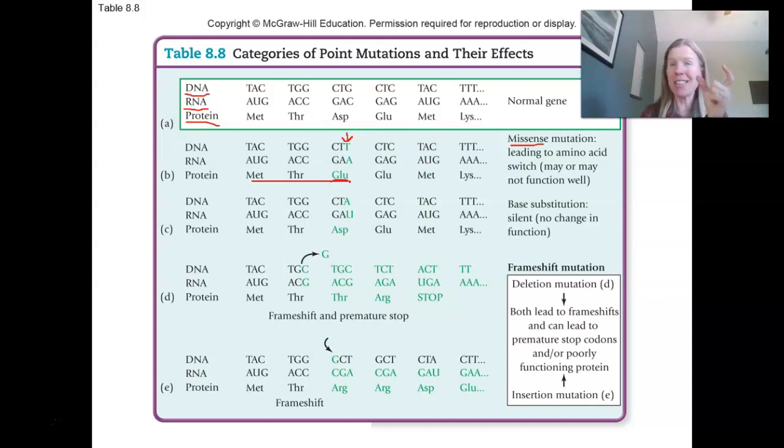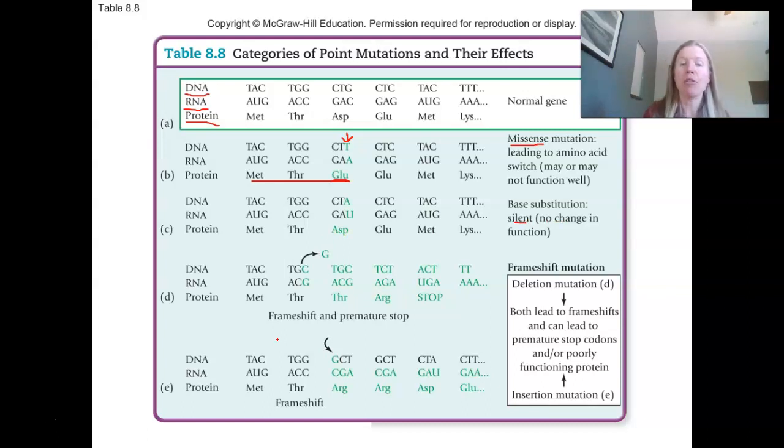We saw the redundancy in that table. You could have a point mutation and still get the exact same amino acid. That would be a silent mutation. And that's what they're showing here, right? We got a change, but we still ended up with ASP for the amino acid, aspartate. So it was a silent mutation.